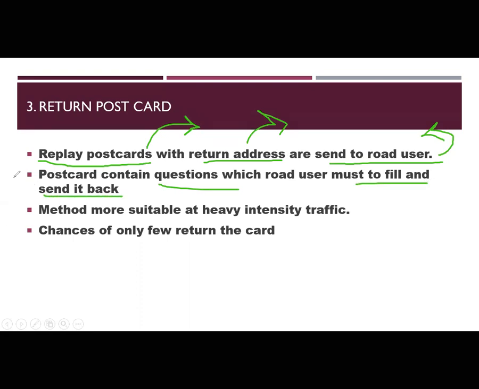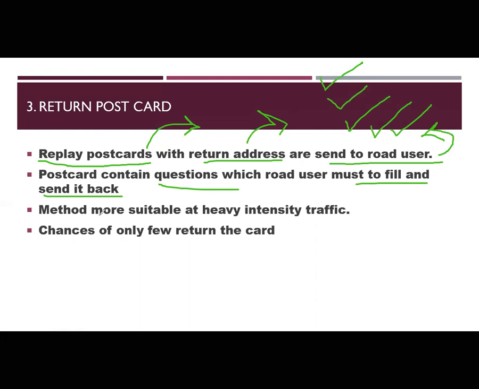Okay, so the road user has a questionnaire like what is the timing, what is the route, from where, at what time, in which company, how many employees are in the company. That kind of questions are in the postcard, and the questions must be ticked or answered, and the road user must return or send the postcard back.